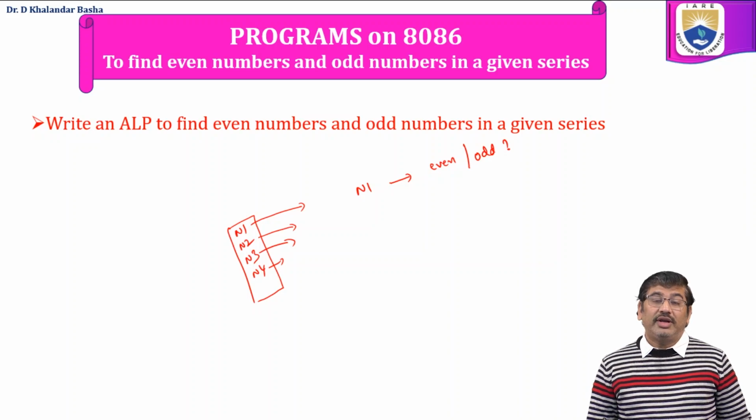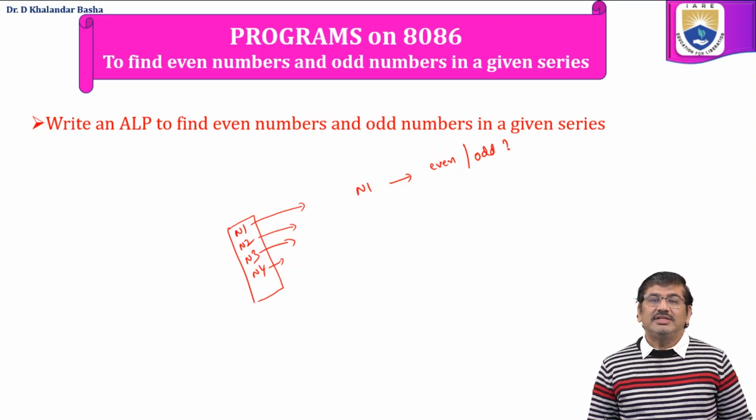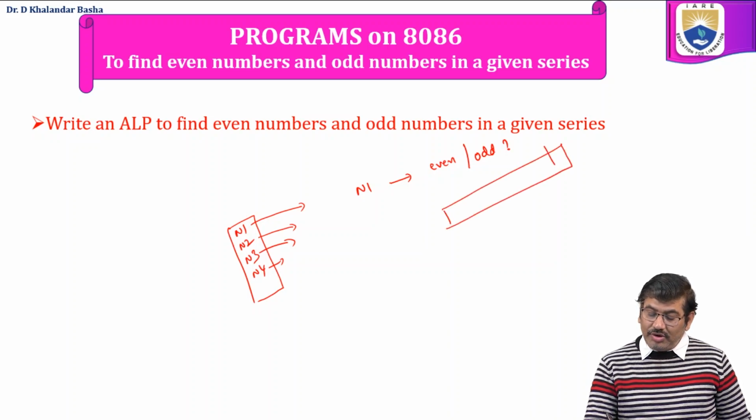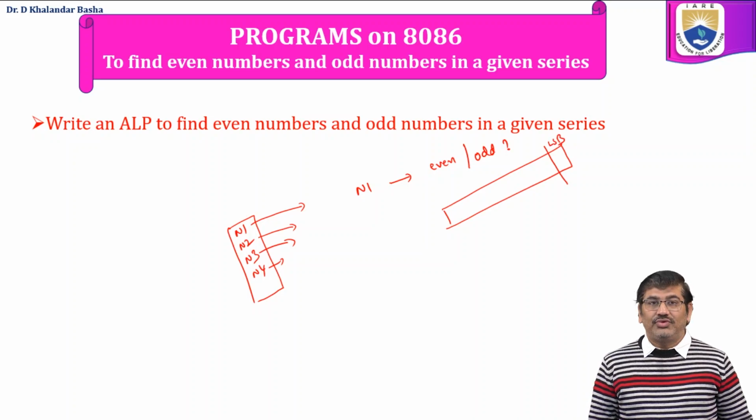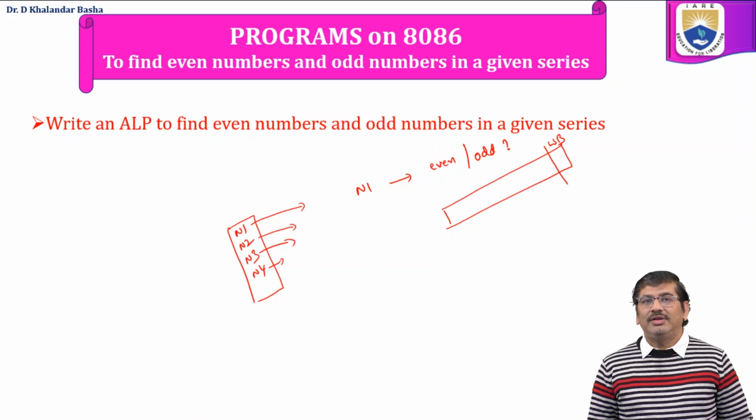For finding out whether a given number is even or odd, in the binary system, we look at the LSB value. If you examine the LSB value, it is sufficient to decide whether it is an even number or an odd number. No need to divide by 2 and check whether the remainder is 0 or not.